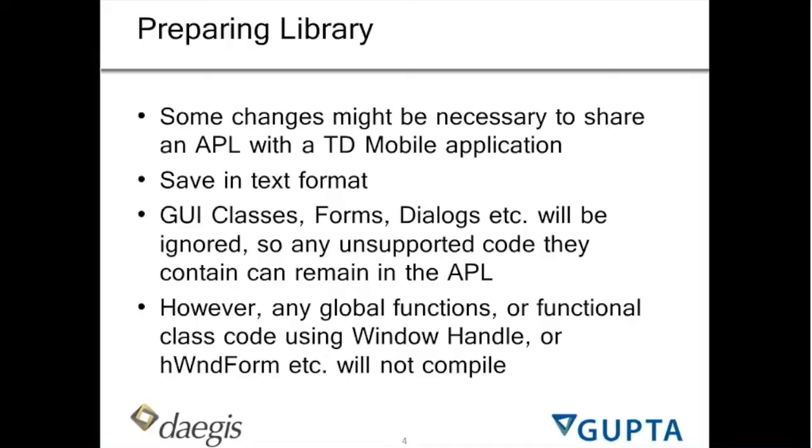So that might be something you have to change with your APL, reorganizing some of your code so that you don't have any non-supported code down in your functional classes or global functions that we wouldn't be able to compile in a mobile application.